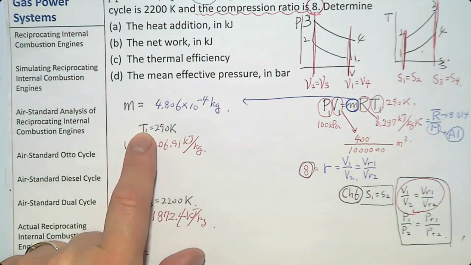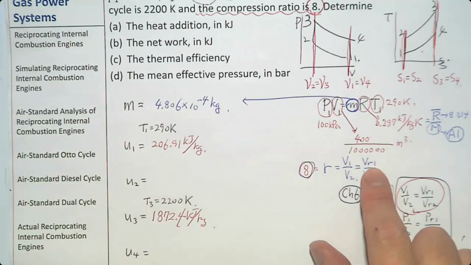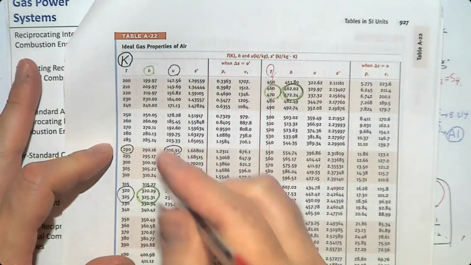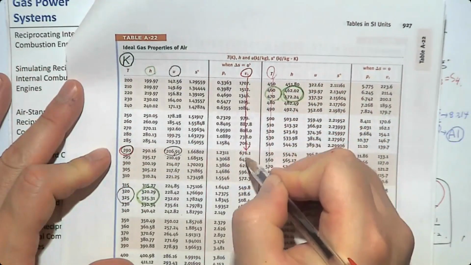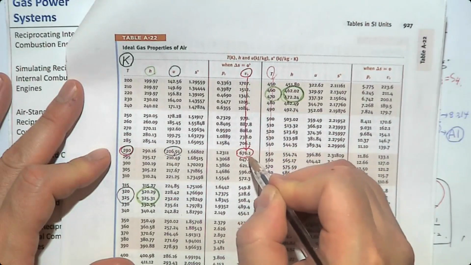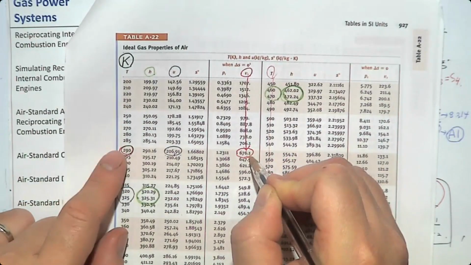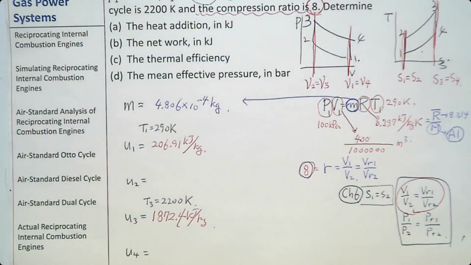So let's go to table A22 and see if we can determine VR1. So this is table A22. At 290, VR is 676.1. So this is VR1 at this temperature. So whenever you know the temperature, you get all the values. So it is important to know the temperature at each state.